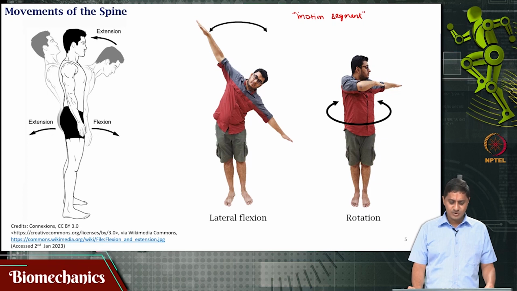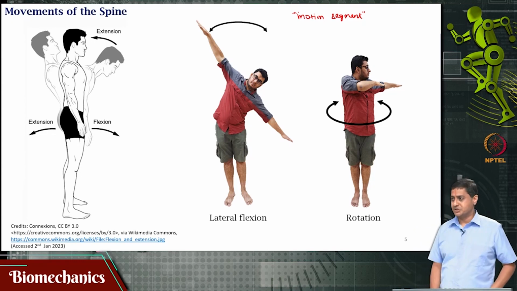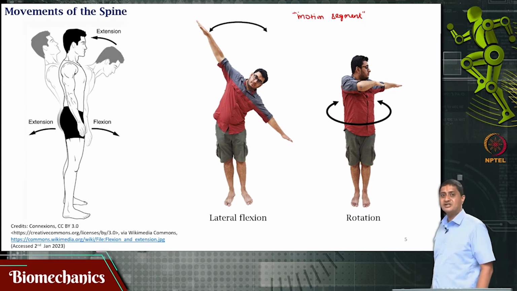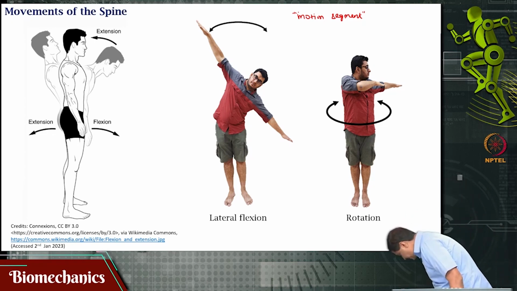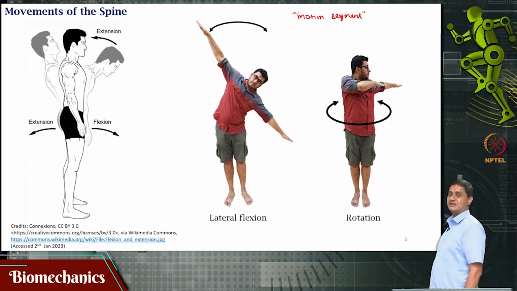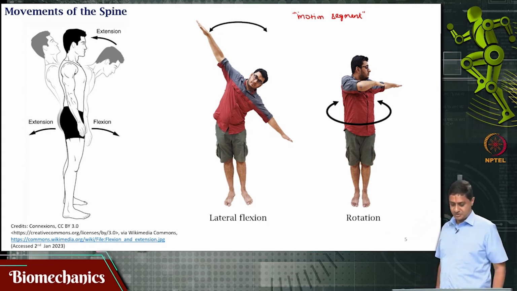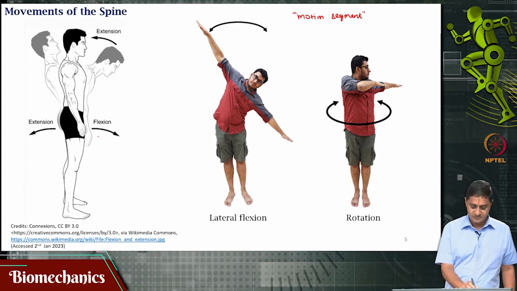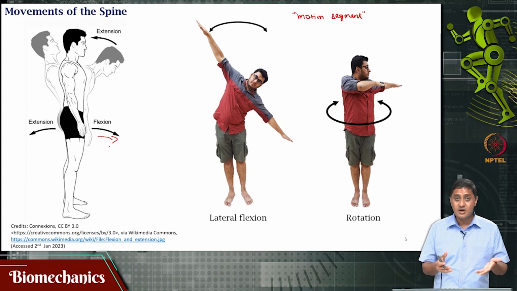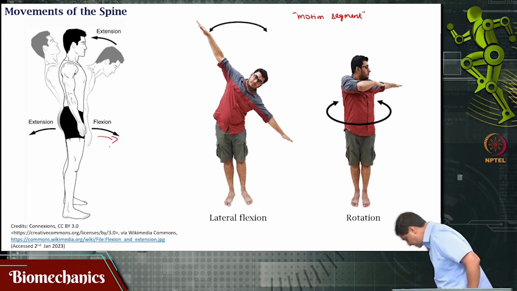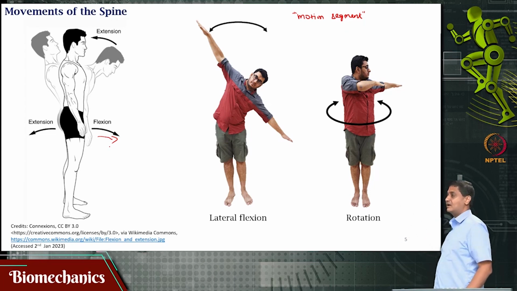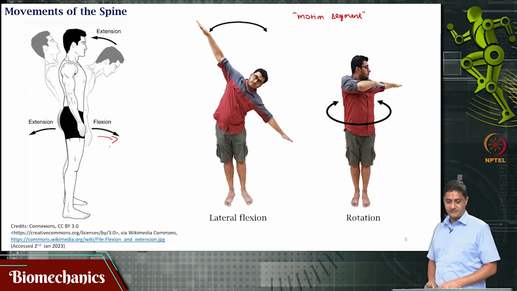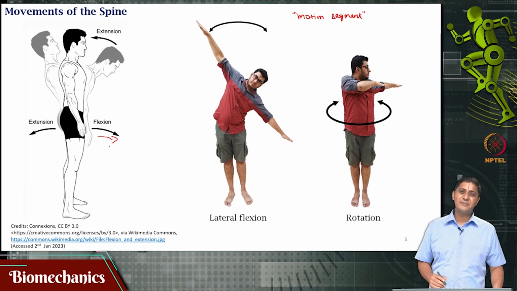And what are the various possible movements? One is flexion and extension of the spine. When I move forward such that the face goes towards the ground, that is called flexion, and when I bend backwards, that is called extension or hyperextension.